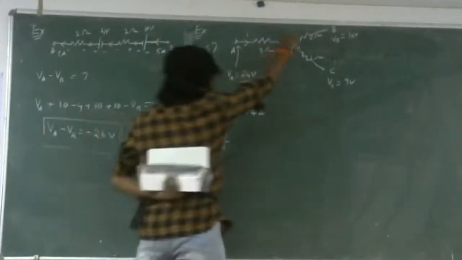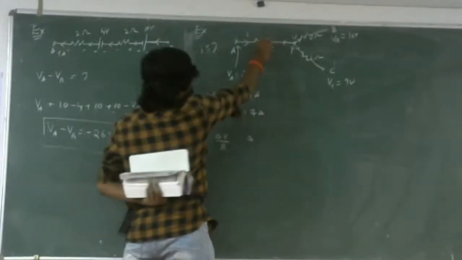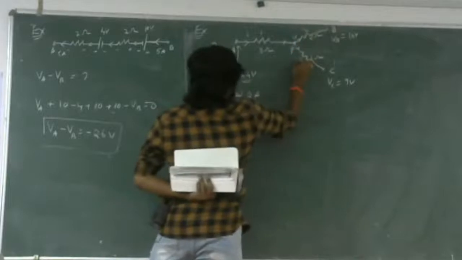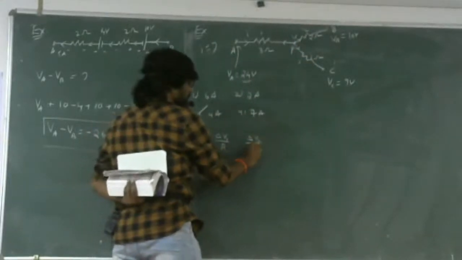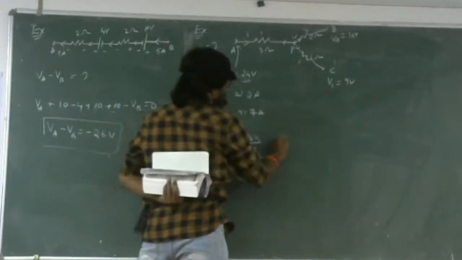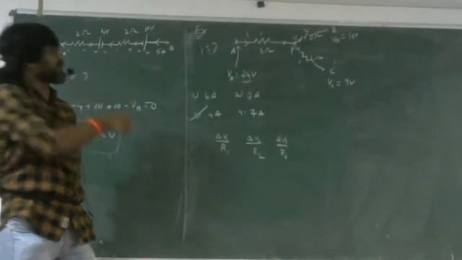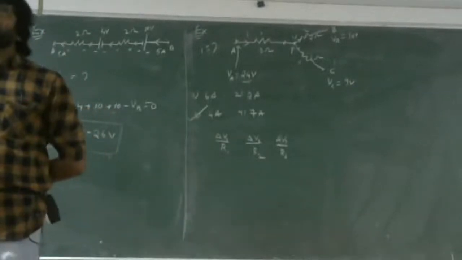And for the current across that, you can take this as the first resistor, 1, 2, 3: delta V1 by R1, delta V2 by R2, and delta V3 by R3. R1, R2, R3 are given. R1 is 3, R2 is 2, and R3 is 3. Right?